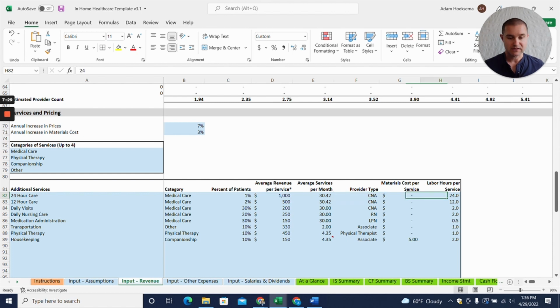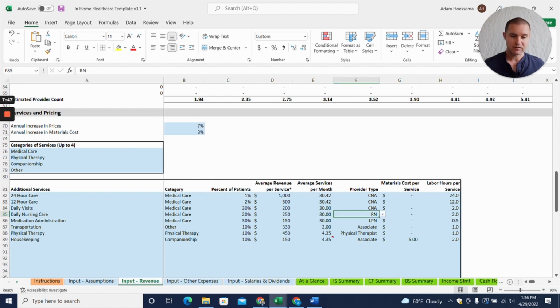And what that does, we also have the number of labor hours per service. That's pretty obvious, 24 hours, we need 24 hours of labor. But then some of these other services, a daily visit, that's 2 hours of labor. Daily nursing visit, 2 hours of labor with an RN.